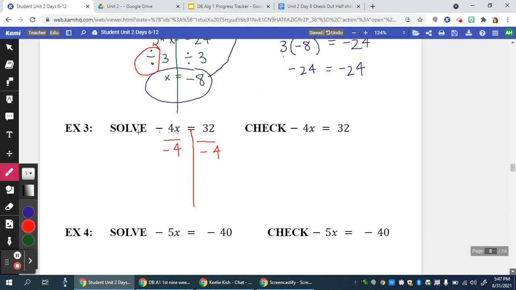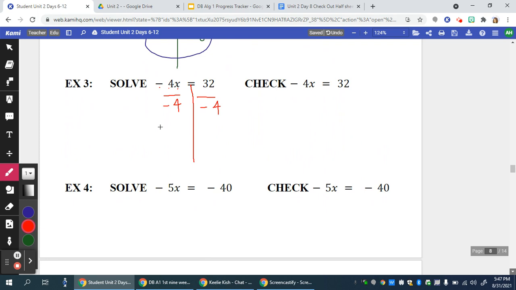And as we talked about when we first started talking about division, this line, this fraction-looking thing, means the same thing. This means negative 4 divided by negative 4, and 32 divided by negative 4.